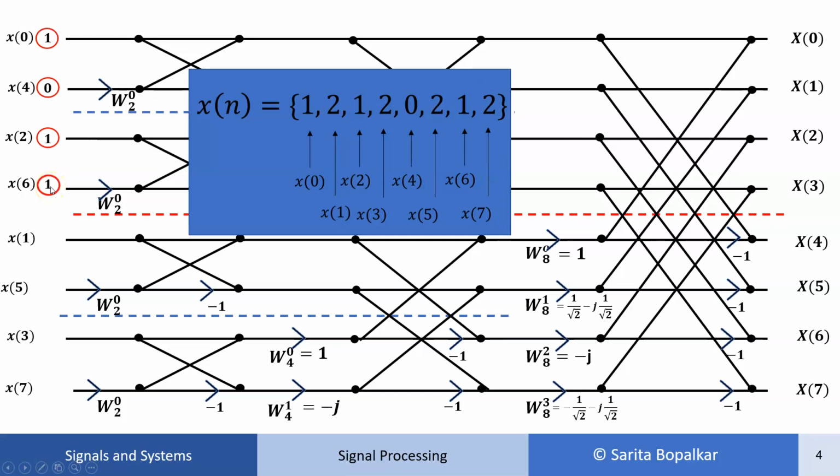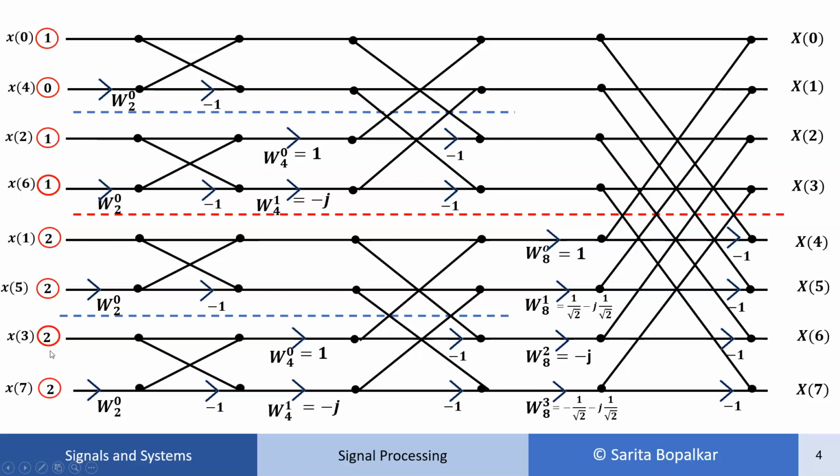So here it will be 1. Then x of 1, x of 5, x of 3 and x of 7. So we have to make sure we are entering the right sample indexing. Once it is done, we'll use this butterfly diagram to solve our example.